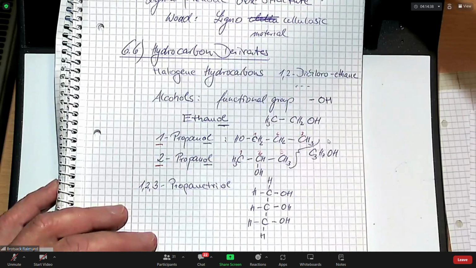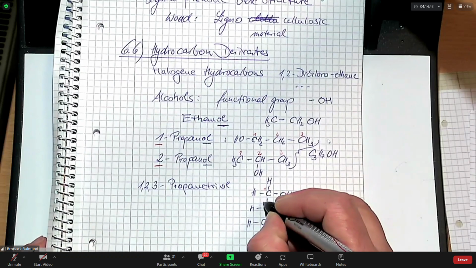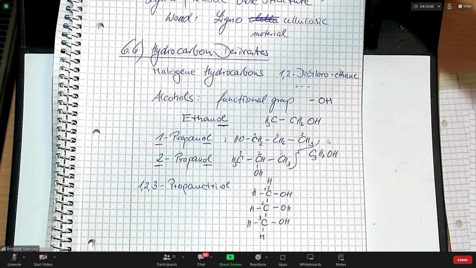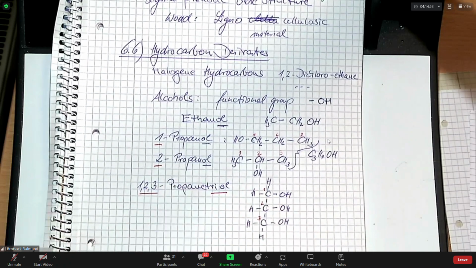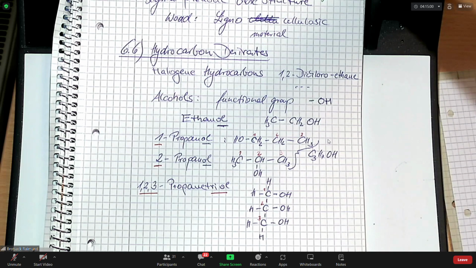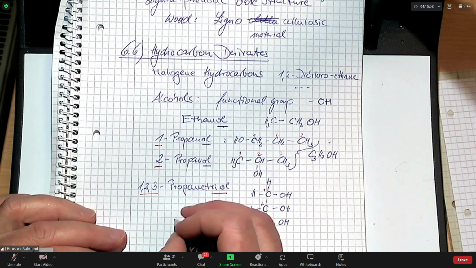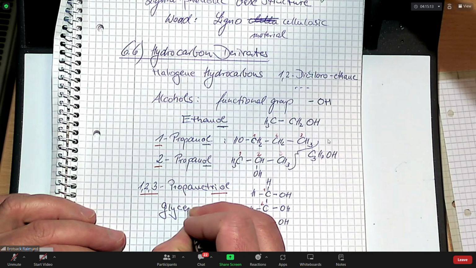Everything is sp3, and we have the 1,2,3-propanetriol, 3 alcohol functions on the position 1, 2, 3. This is an important molecule. It has another name, a short one. This is glycerin.